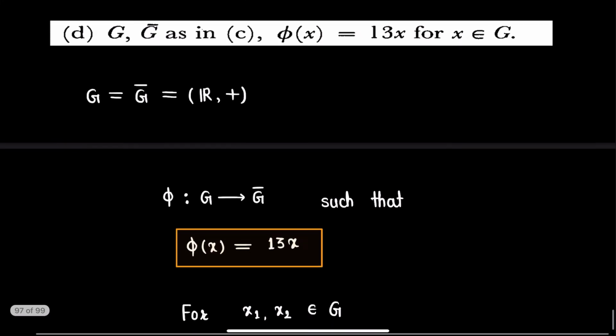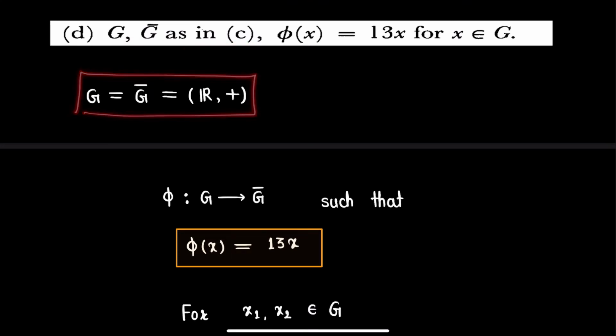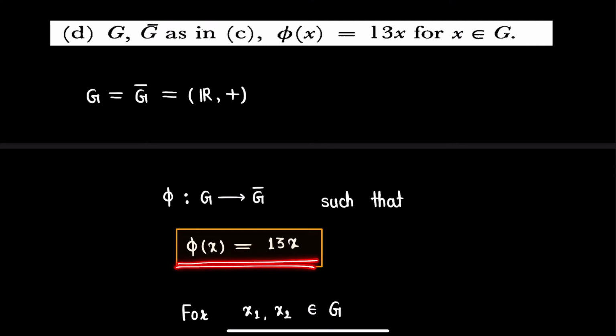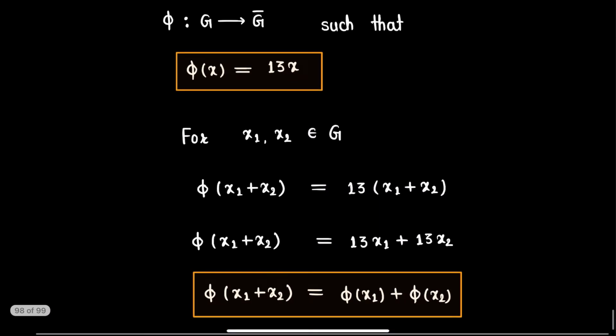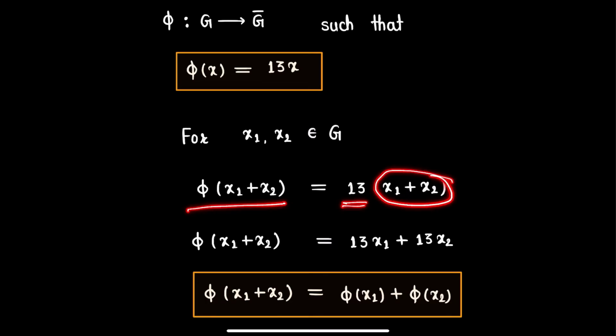Next, G equals G bar as in C, means here again G and G bar are the group of real numbers under addition, and phi of x is defined as phi of x is equal to 13x for all elements x in group G. So again here we will consider two elements x1 and x2 in group G. Then phi of x1 plus x2 will be equal to 13 multiplied by x1 plus x2.